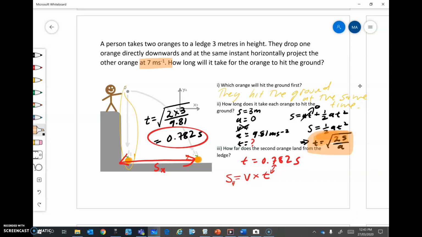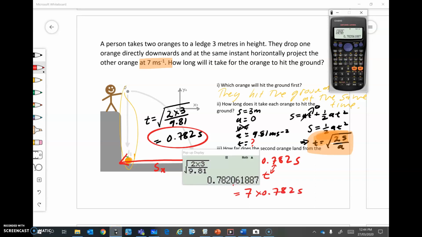So that doesn't change throughout the flight. So this is equal to 7 meters per second for 0.782 seconds. 0.782 times 7 gives 5.474.